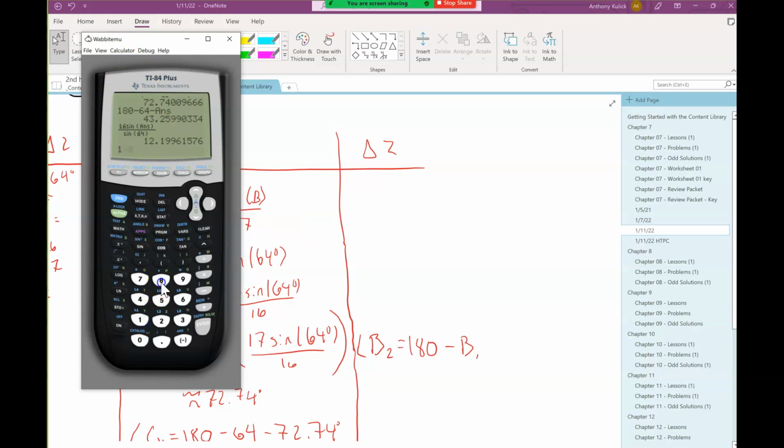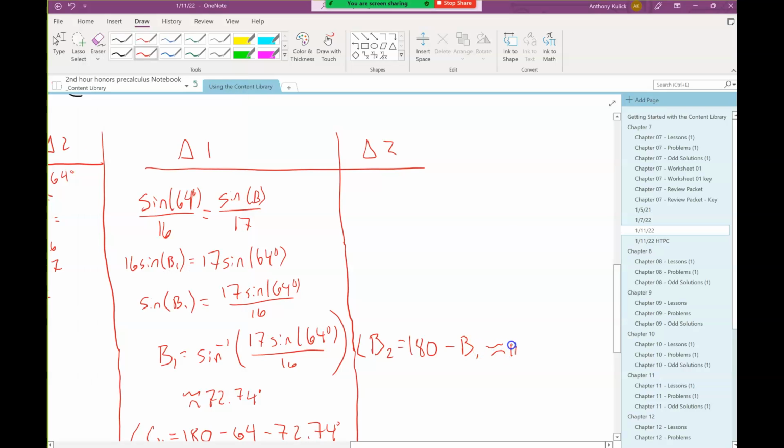But again, remember, we have to do this triangle 2 in the same order that we did triangle 1. So we have to find angle B2 first. We can't start by finding C2 first. So 107.26.